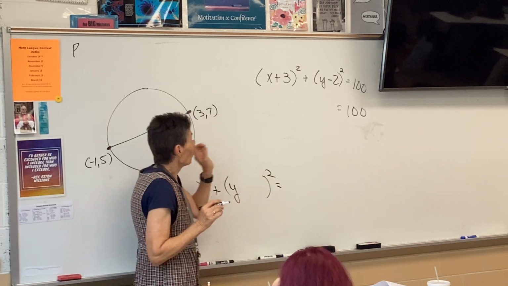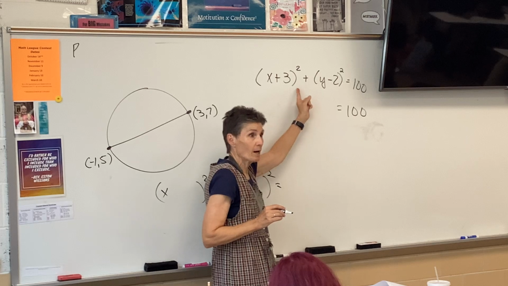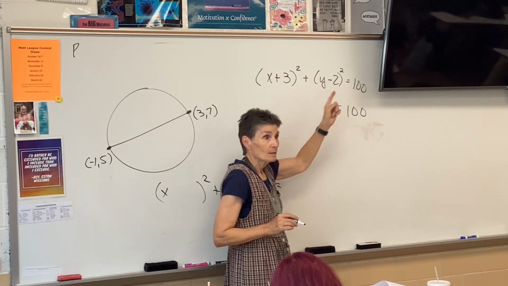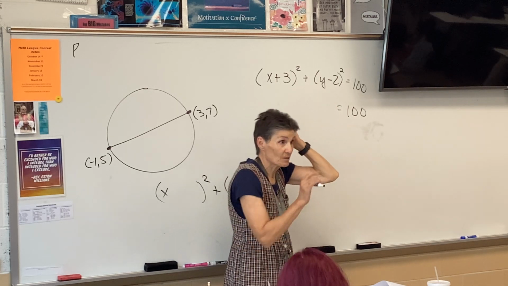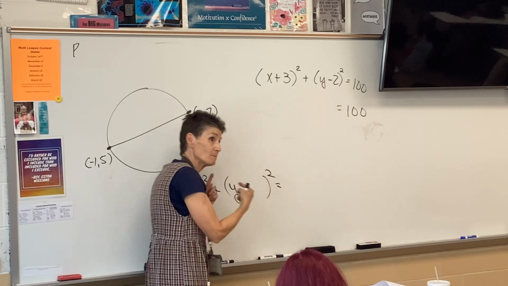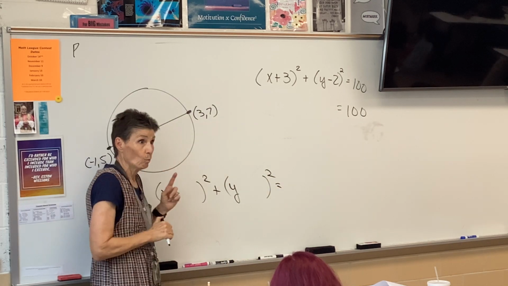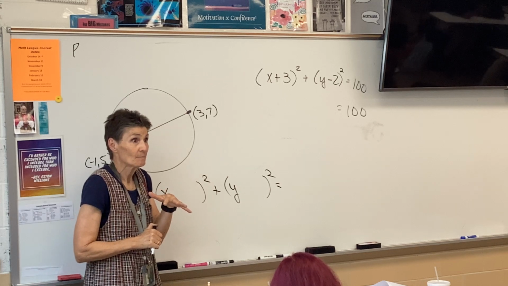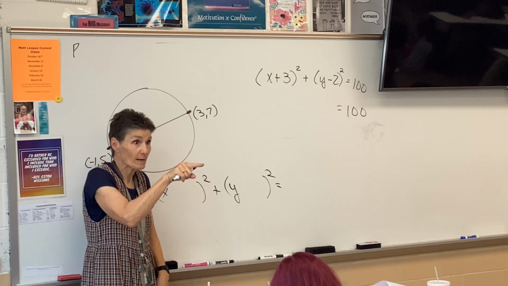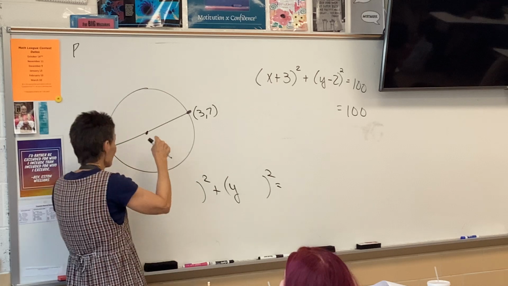Where did these two numbers come from? They were the center of the circle. And in terms of this problem, you are exactly right. Won't the center be the midpoint? That's a diameter. The center's right in the middle. So, we have to find the midpoint.